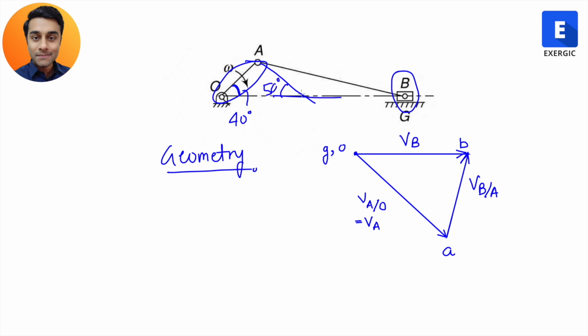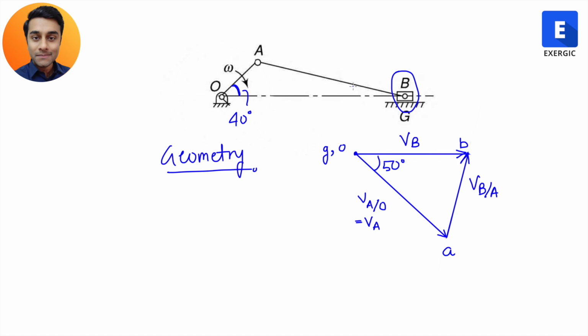Now, whether this angle is made here or here, it is going to be a vertically opposite angle, the same angles. So this line which is perpendicular to OA is going to make 50 degrees with the horizontal. Correct or not? This line is horizontal, obviously.